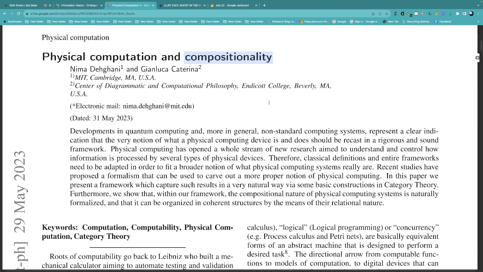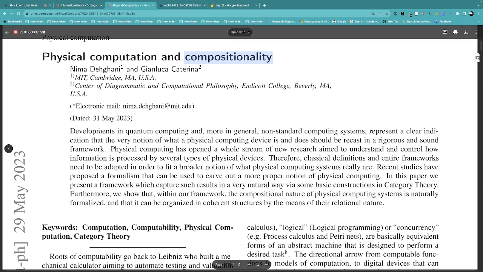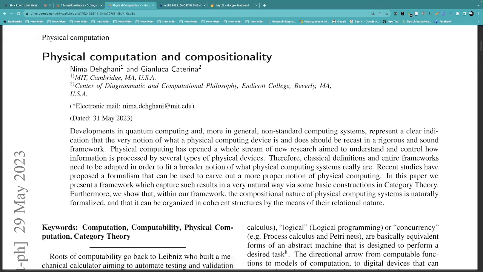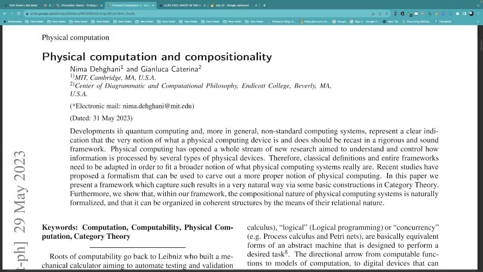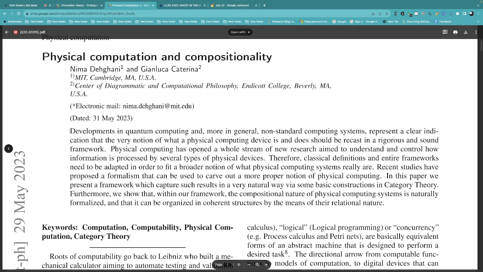This paper talks about physical computation and routes to category theory, where we can then analyze some of these things. So this has relevance to biology and to the brain. I'm going to go through the abstract and then go to some of the other stuff in the folder.